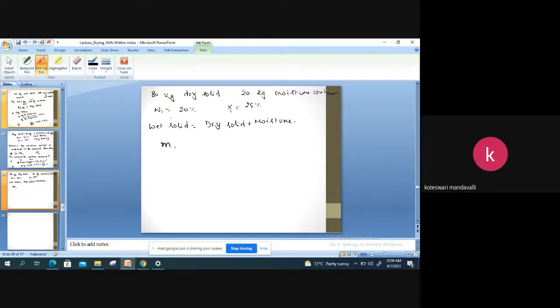I'll write down all these things, it will be easy for you. So assume M1 as the weight of wet solid.